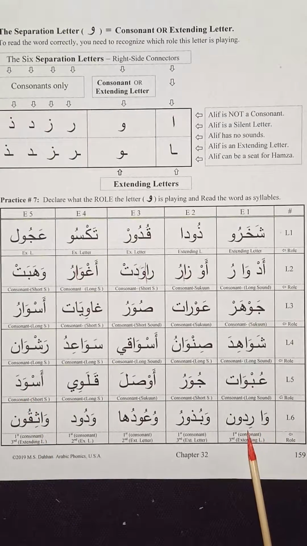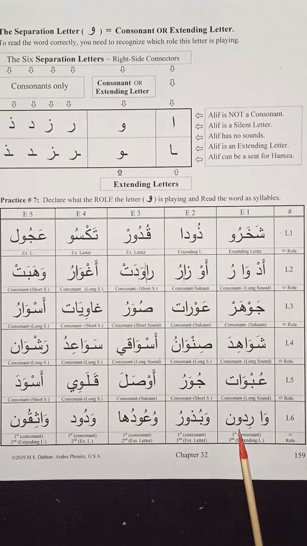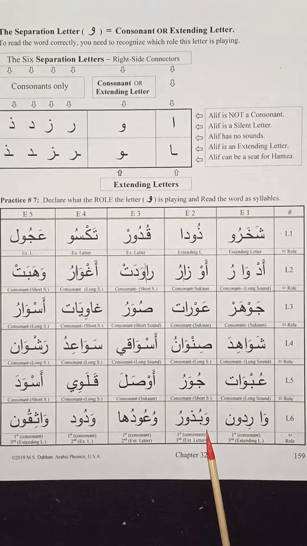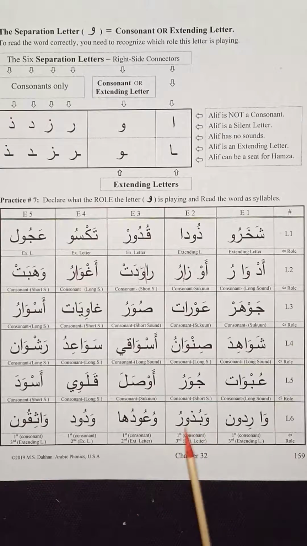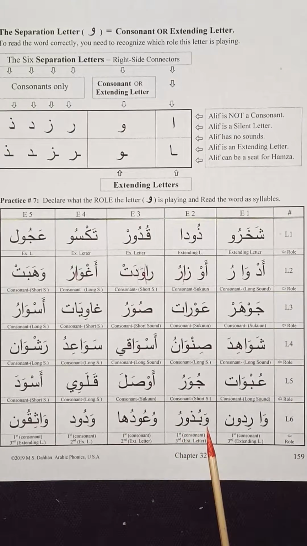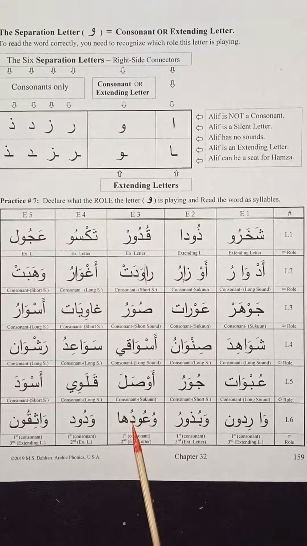Line 6. Wa, re, dun. It's a consonant here, and here it's an extending letter. Wa, bu, dhu, ru. It's a consonant in the first position, and here it's an extending letter. Wu, ru, du, ha.